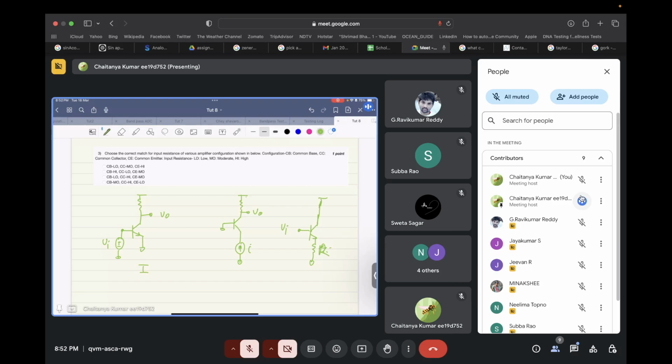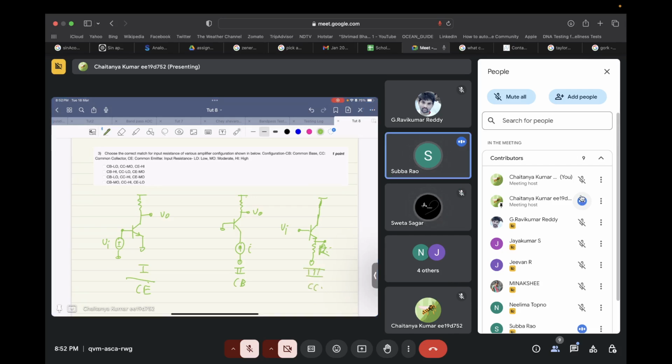Out of common collector, common emitter and common base, which is my circuit 1? One is emitter, second one is base, third one is collector. Common emitter. This is common emitter, circuit 2 is common base, and third one is of course common collector.